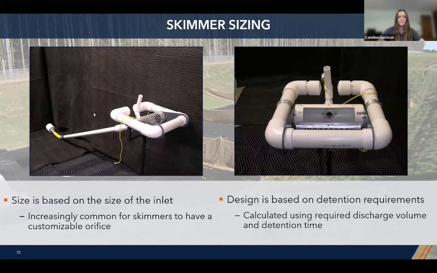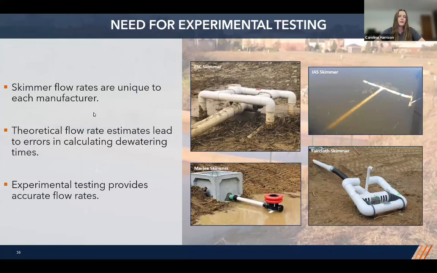There are a wide variety of skimmers available on the market, and skimmer flow rates can differ across manufacturers, and they're not solely based on the inlet size. Each skimmer has its own design, which can affect the hydraulic performance.